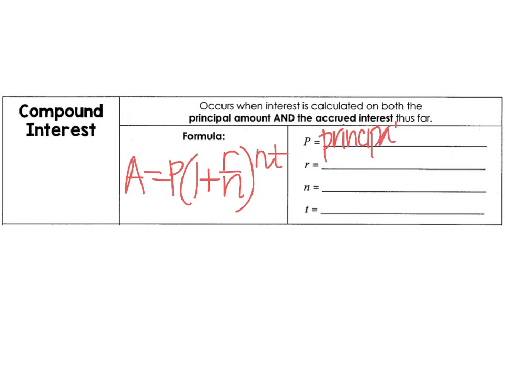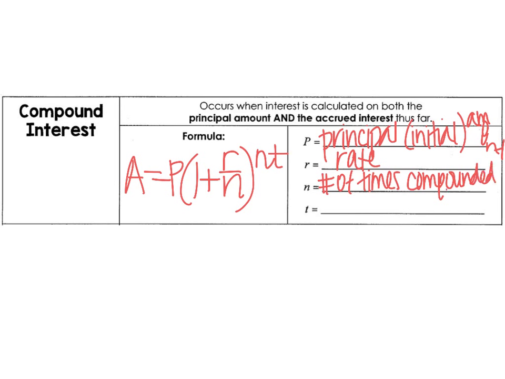All right, R stands for the rate, N stands for the number of times it's compounded every year, so we say yearly.